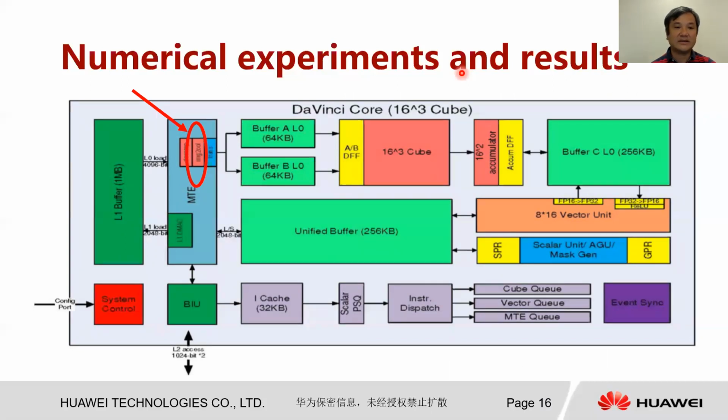You can see here that it is located in the L1 buffer between the L1 and the so-called buffer A and B. The hardware solution supports image-to-col, and on average it speeds up image-to-col by a factor of 5.